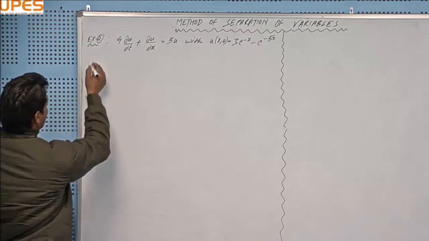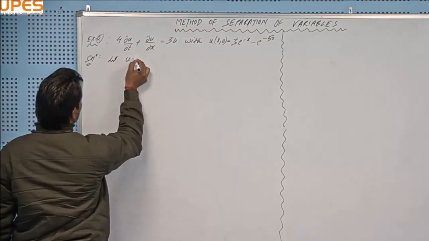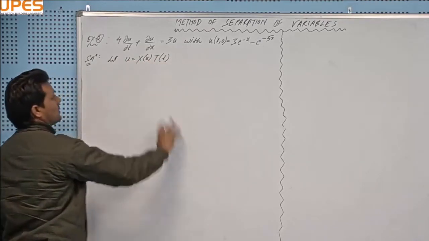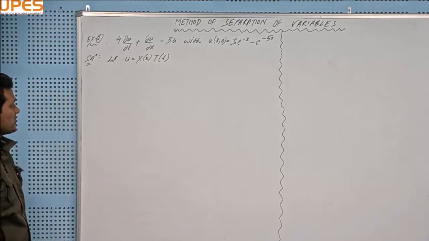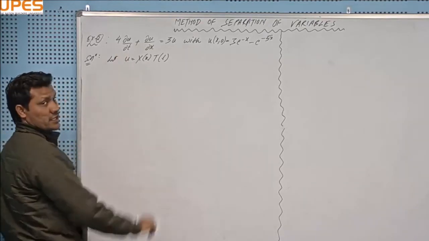Okay, and let me start the solution, and let u is equal to capital X as a function of x and capital T as a function of t, then doing those partial derivatives, you know that, and then putting these here. Should I write it directly?